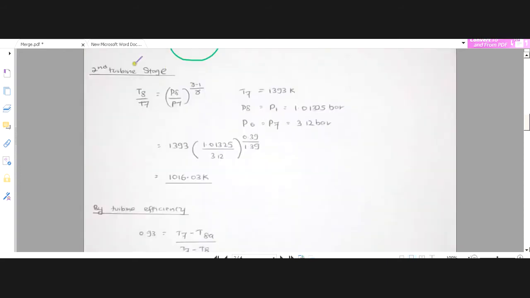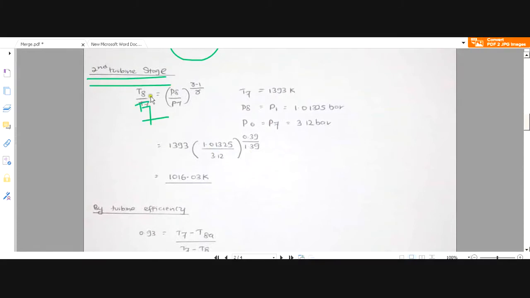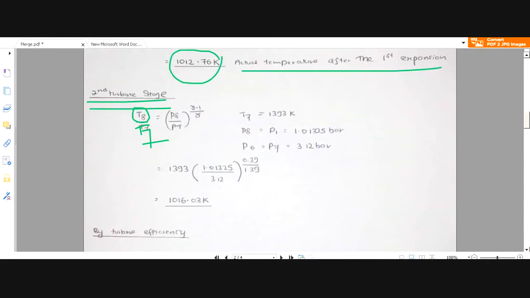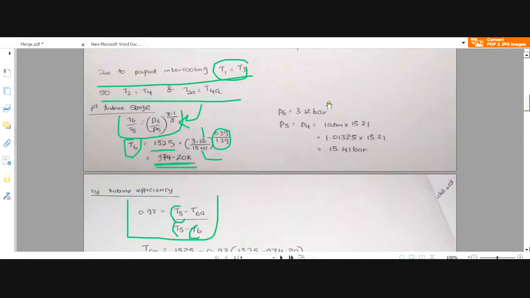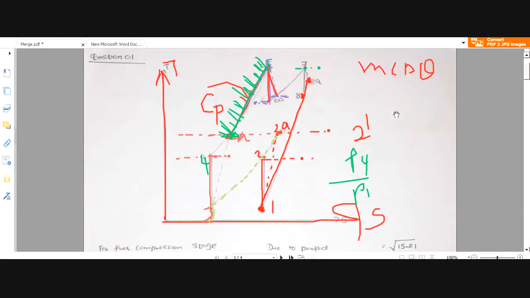So now the scenario you need to apply for the second stage, that means the second turbine. Now we need to evaluate point 8, that means the temperature T8, which is there.